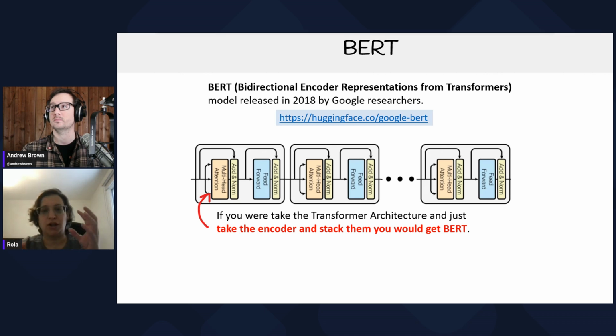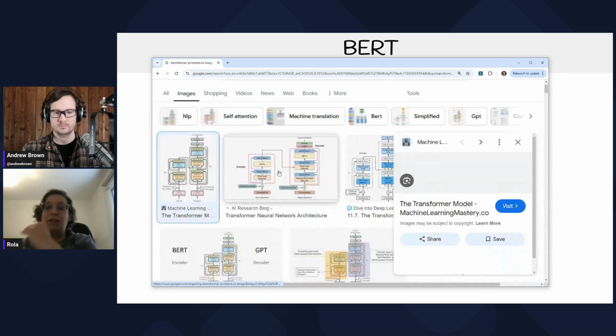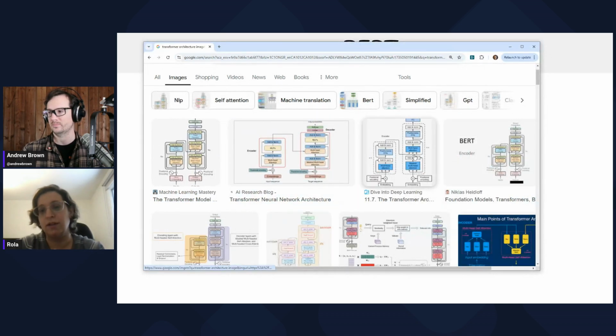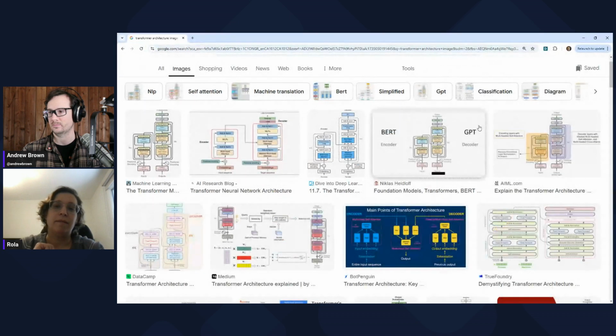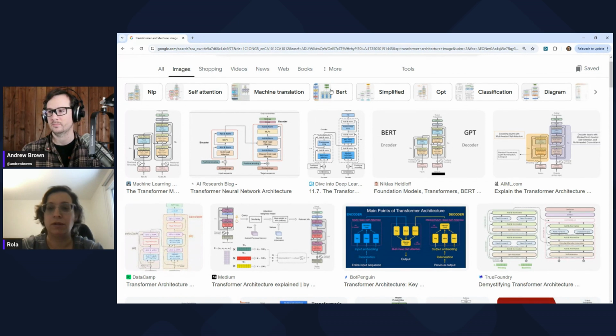You would put in natural language, it goes through this mathematical system, and then you would still get language out of it. GPTs, for example, are decoder only, but BERT itself is an encoder only model.